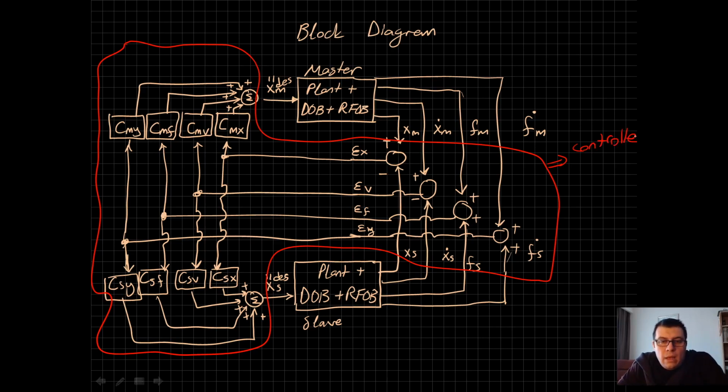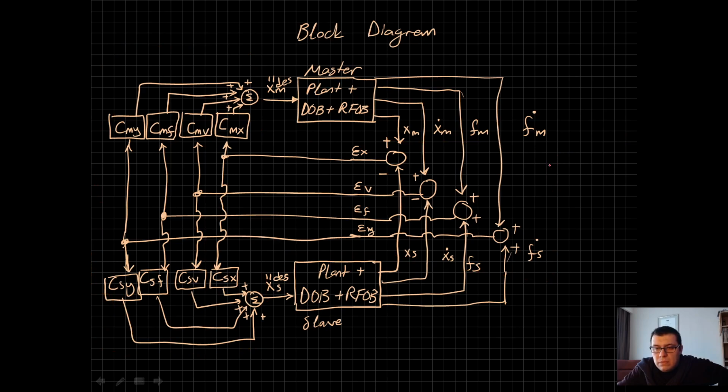So that red part is our controller. I'll not actually leave it on the slide because it doesn't look very good. I'll erase this, but before I erase, just remember that for the controller we're taking the errors, multiplying with the coefficients that we already derived in the previous slides. Let me erase this so that you don't have any problem. Okay, that's the block diagram of our controller.